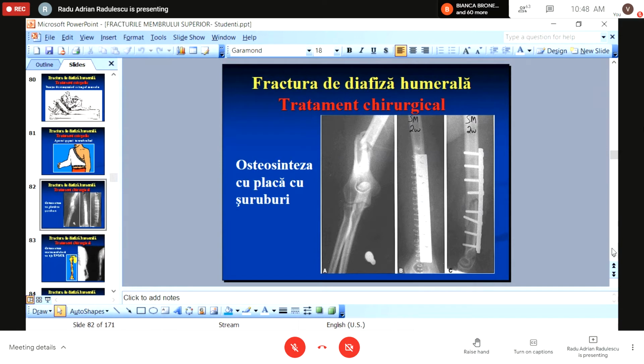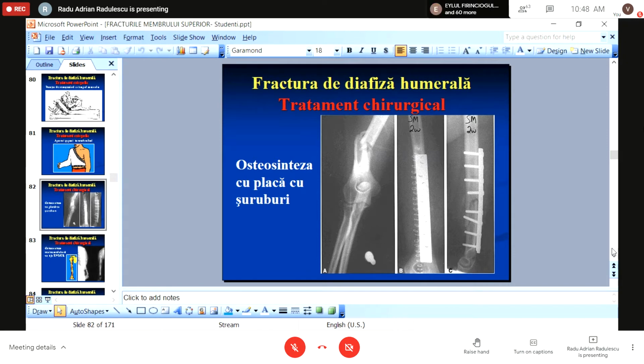Prior to this surgery, we may also investigate the nerve by doing an electromyography. And electromyography may show us if the nerve is interrupted or has only a functional temporary damage.